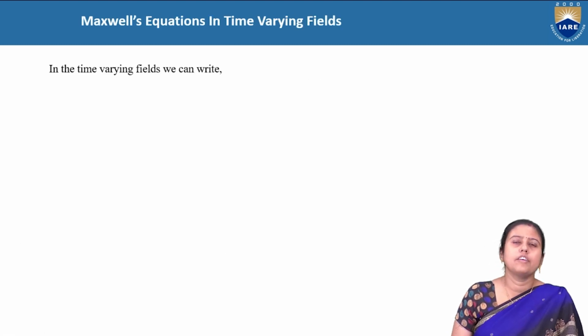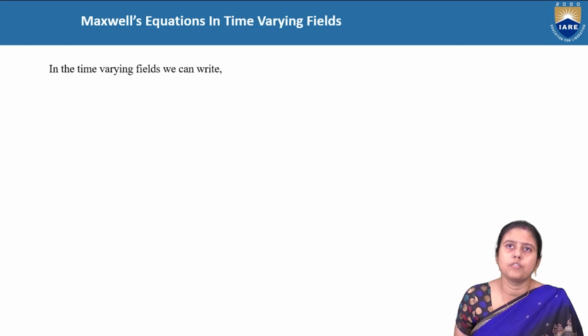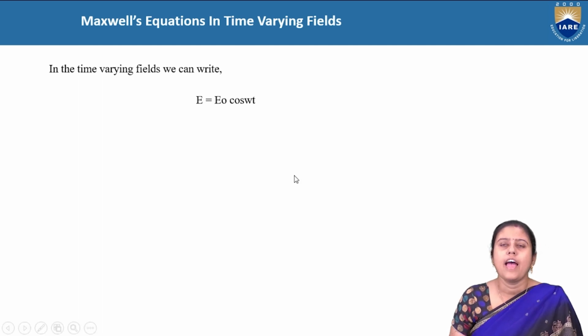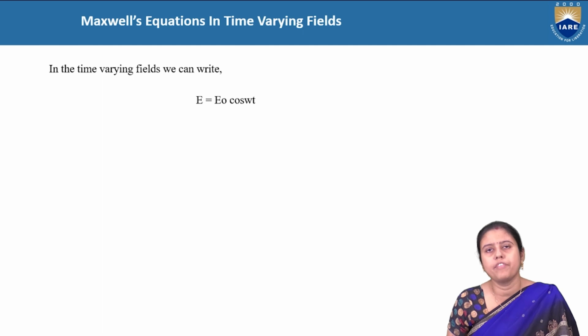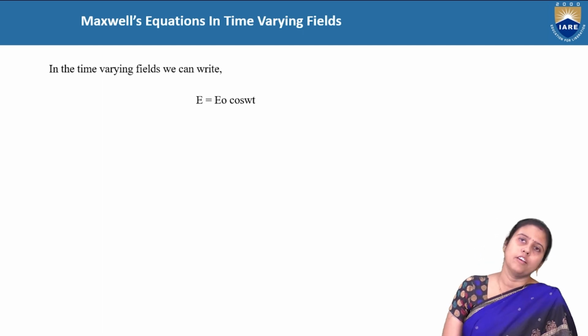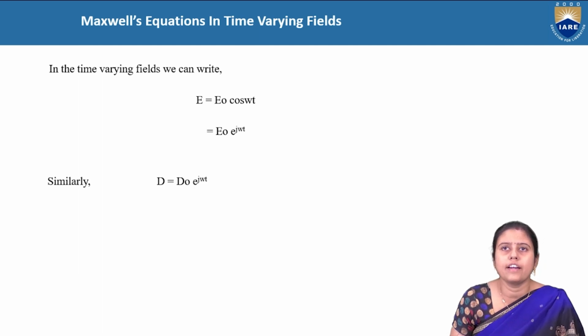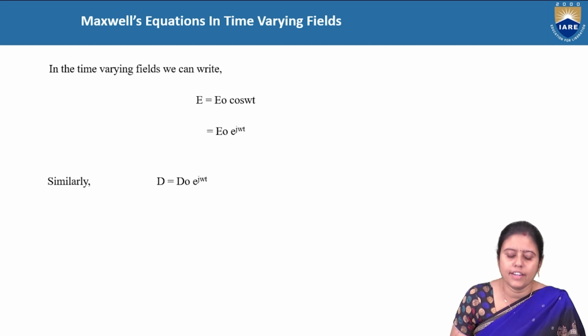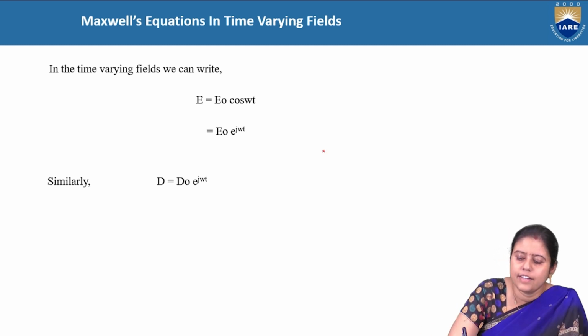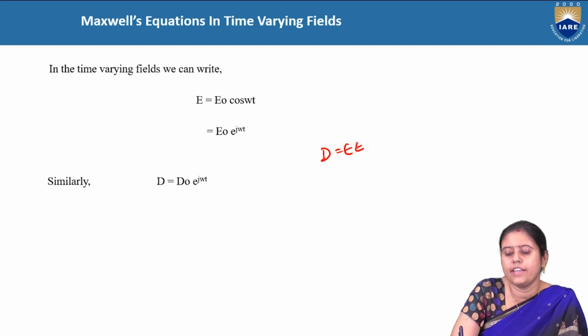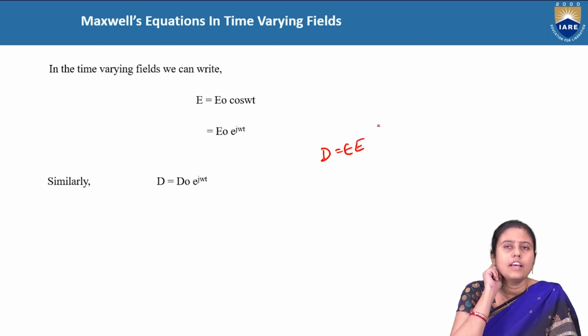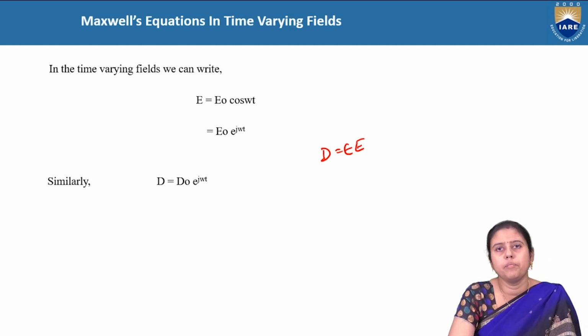We have already discussed Maxwell's equations in the time varying field, and in the time varying field we can also modify the equation. We already got E is equal to E naught cos omega t. Similarly, we can write E naught e to the power j omega t. We can also write E and D. The relation is D is equal to epsilon E, and epsilon is a constant, so the nature of D will be the same.